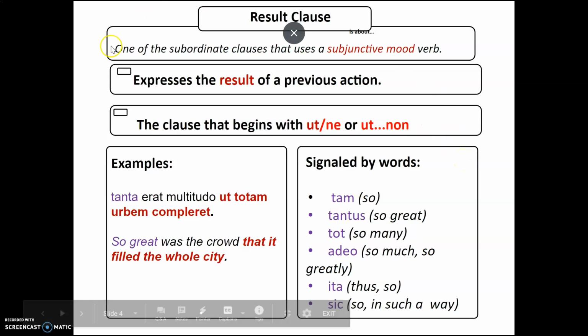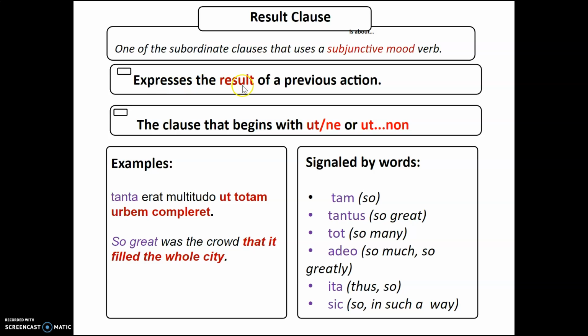So, as I just told you, the result clause expresses the result of the main action. It begins usually with ut or ut non, but every once in a while you might see an ut. And that's going to be in the middle of the clause. And here's my example.